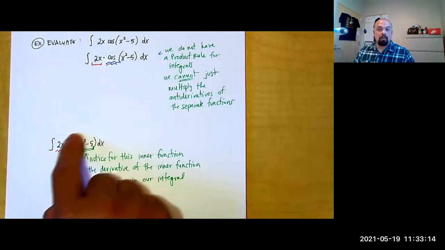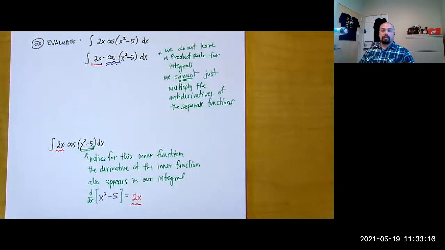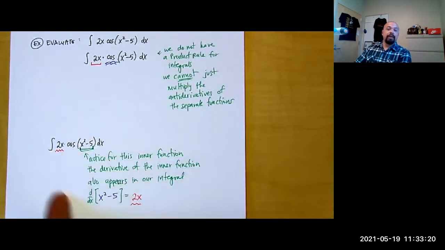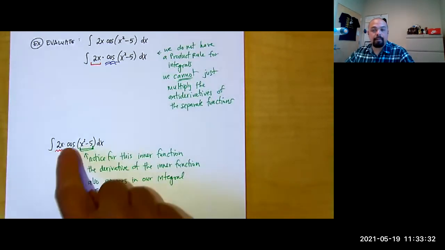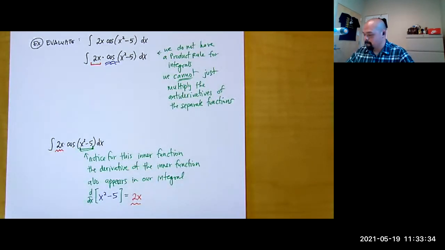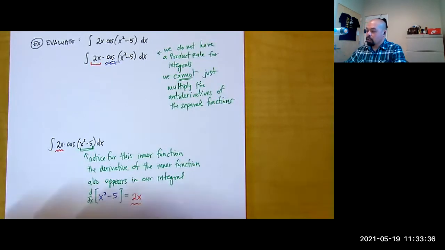That's exactly what we see here. So this substitution will help us manage situations when we see an inner function and its derivative together as one product inside that integral. Let's see how this will work.